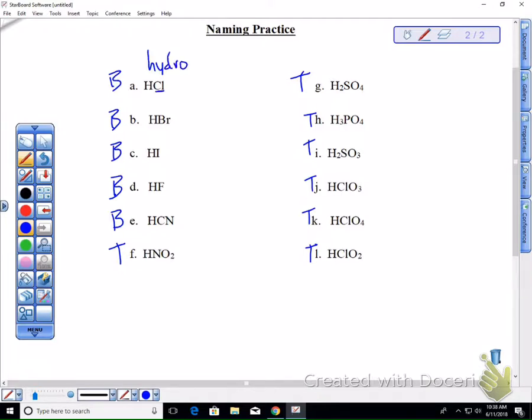The root here is the ion, not polyatomic, but monatomic chlorine, so this is chlor. Chloride becomes ic, they all end in ic, and so then we would add the word acid, hydrochloric acid. Now, to save space as we continue, I'm not going to write the word acid each time. Just understand that each one of these would end in acid.